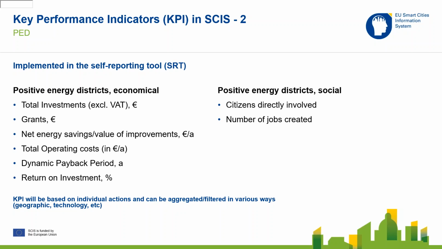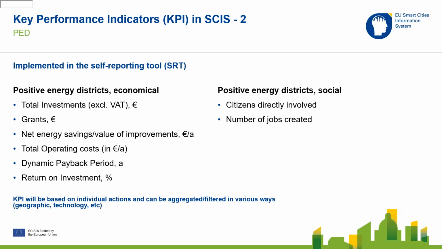It could be the net energy savings, but it could also be the value of your improvements. I mean, if you have LED lighting in your city, it might give you energy savings. Probably it will, but a lot of people also say the color of the light in the case of LED is much better, which makes the streets a safer environment.